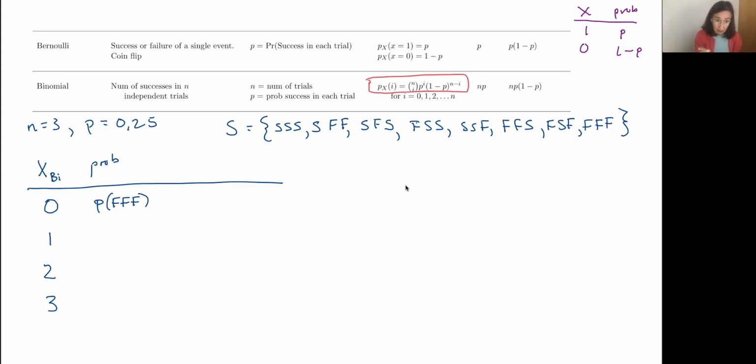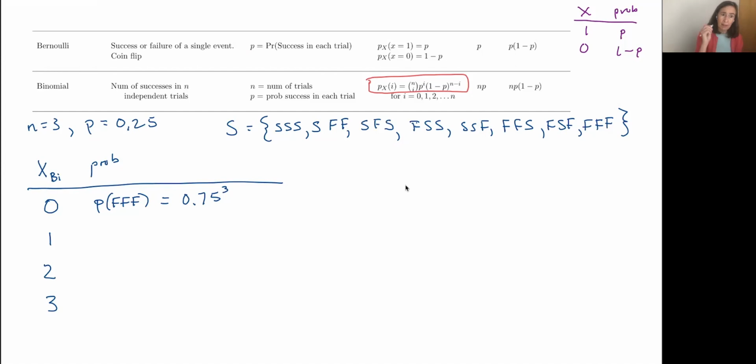And remember, these are independent trials, so the probability of getting 3 fails in a row, we can just multiply the probability of a fail times the probability of a fail times the probability of a fail. So that probability is 0.75 cubed. If the probability of a success is 0.25, the probability of a fail is 0.75, and we're raising that probability to the power 3. So far so good.